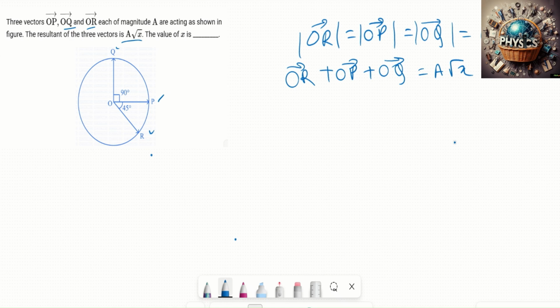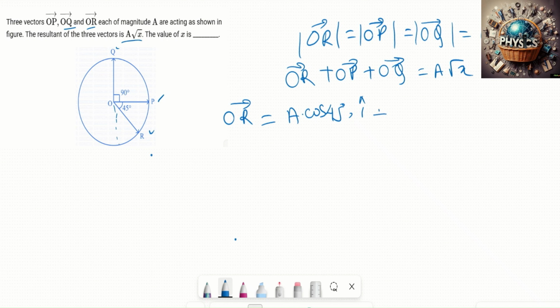Okay, so let us consider OR first. OR is a vector. Since we know the magnitude is A, we can resolve it in both x and y direction. We can say it is A in the x direction into cos 45 degree into i cap. And the y direction is something like this, right? Downward direction.